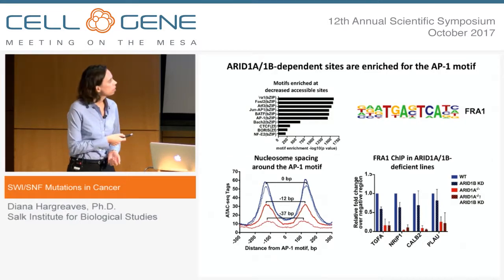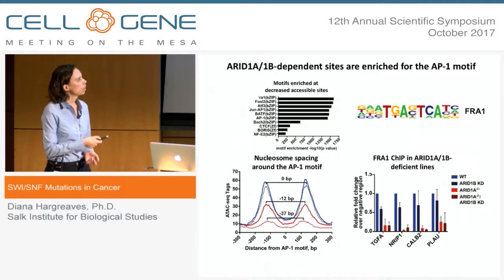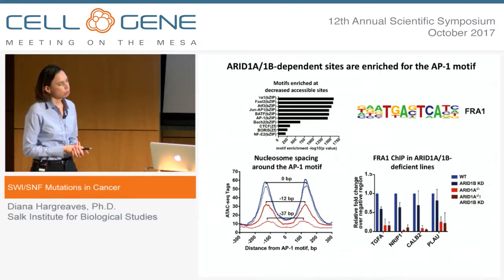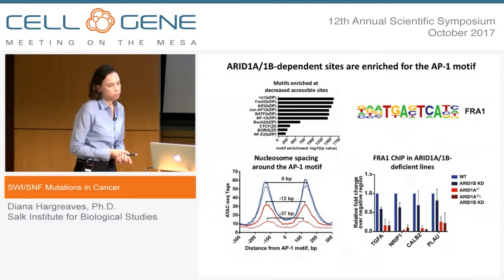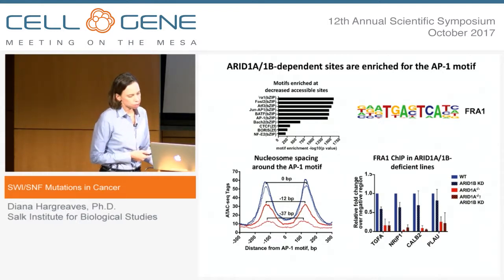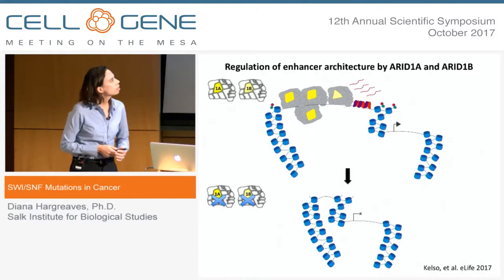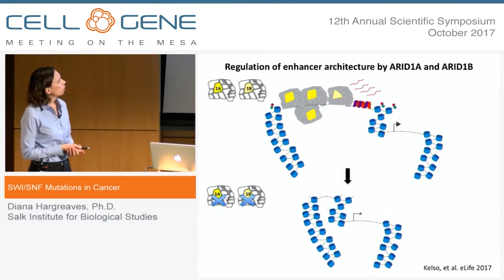And to really test this directly, we performed a ChIP for one of the AP1 complex members, FRA1, and we found that loss of ARID1A and ARID1B basically abolishes the ability of this transcription factor to bind its motifs. So this is, in summary, what we think is going on.